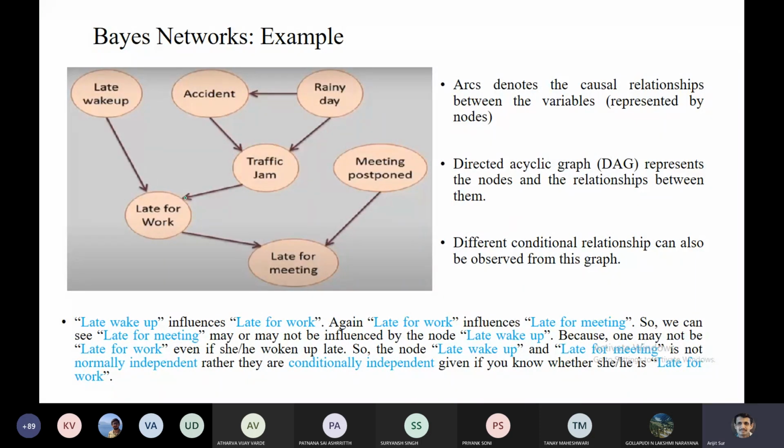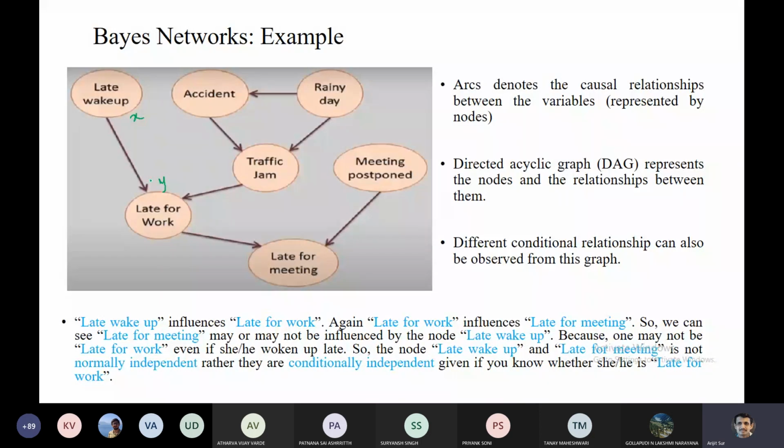Now this late for work can have a cause. Maybe we woke up late. So if these two variables are x and y, this y may be an effect of x. So there is some causal relationship.